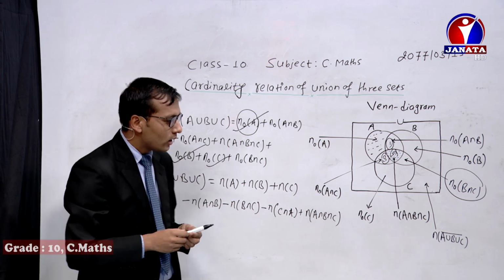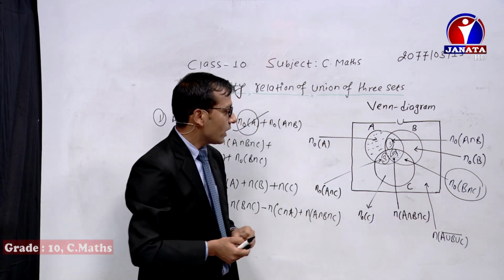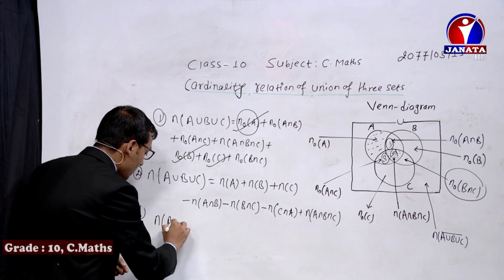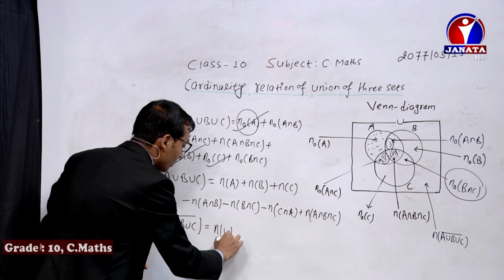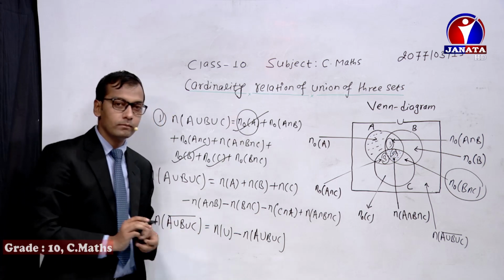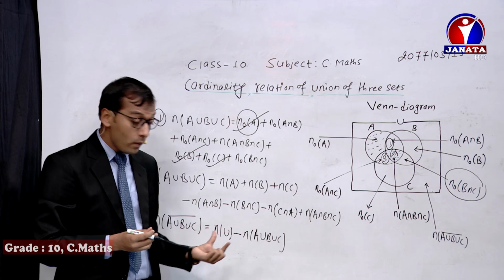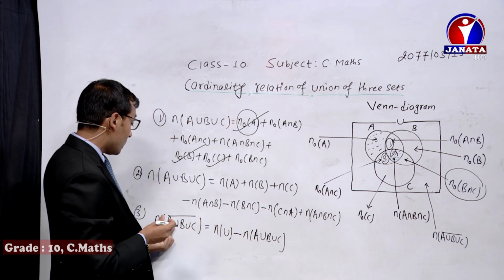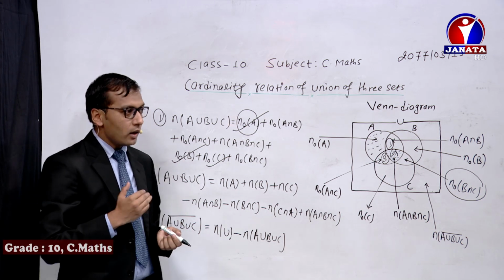It's known that n of A union B union C complement is n of U minus n of A union B union C. If we know the cardinal number of universal set n of U and cardinal number of A union B union C, then we can easily find n of A union B union C complement. So let me take one example.